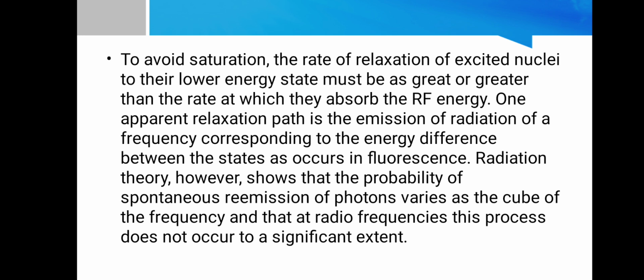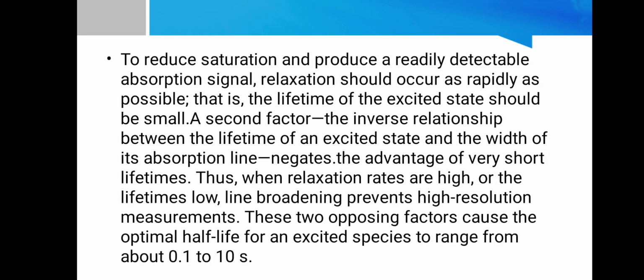One apparent relaxation path is the emission of radiation of a frequency corresponding to the energy difference between the states, as occurs in fluorescence. Radiation theory, however, shows that the probability of spontaneous re-emission of photons varies as the cube of the frequency, and that at radio frequencies this process does not occur to a significant extent. To reduce the saturation and produce a readily detectable absorption signal, relaxation should occur as rapidly as possible.